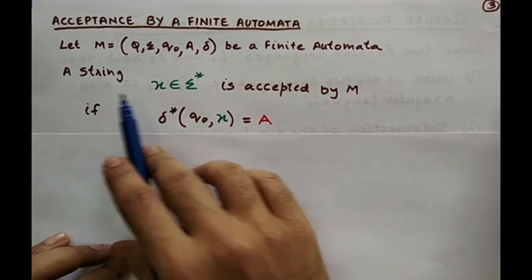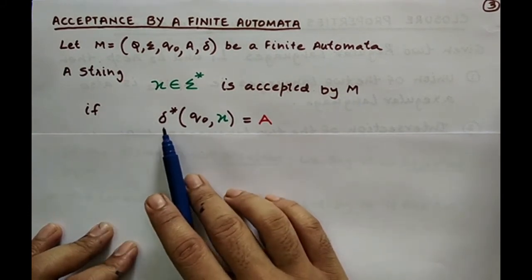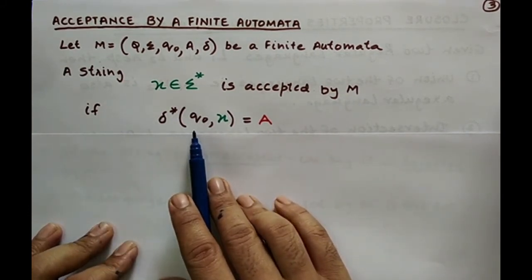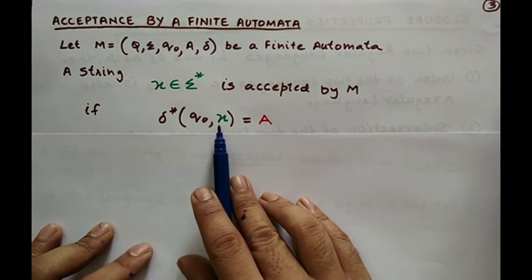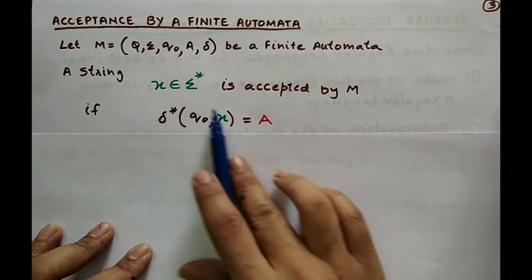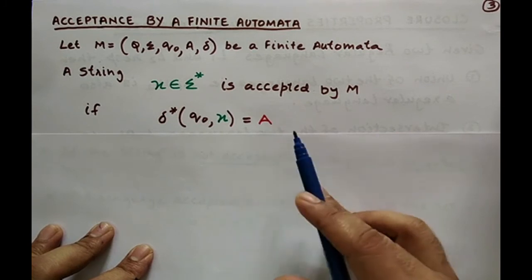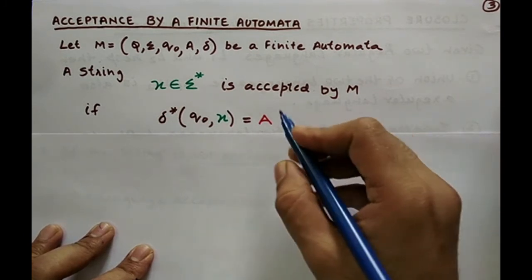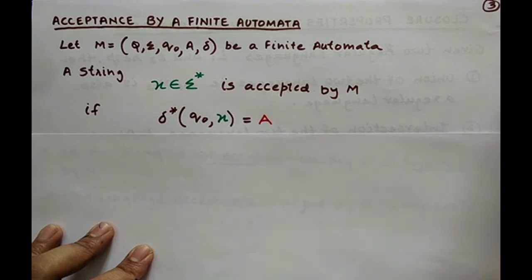So a string X is said to be accepted by the machine M if the extended transition function, starting from the state q0, when this entire string X is given as input, lands you in a state that belongs to A. And what is A? We already know: A is the set of all the accepting states.